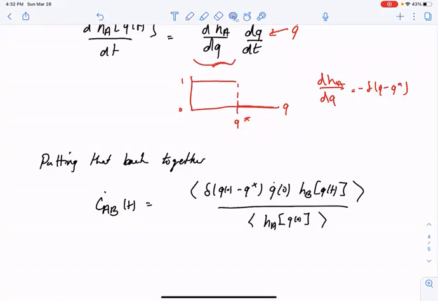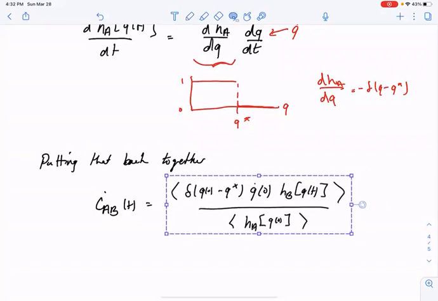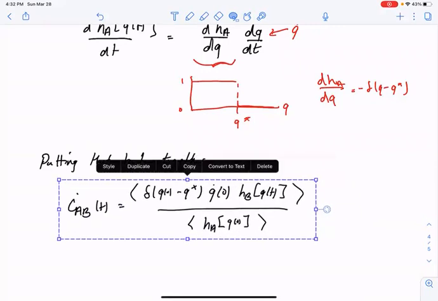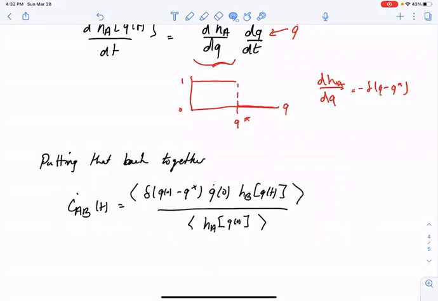So I've got this delta function here, again, a binary variable, has an interpretation, if I average it by itself, of just the probability of Q being at Q star. So let's actually use that by multiplying top and bottom by that delta function on average.